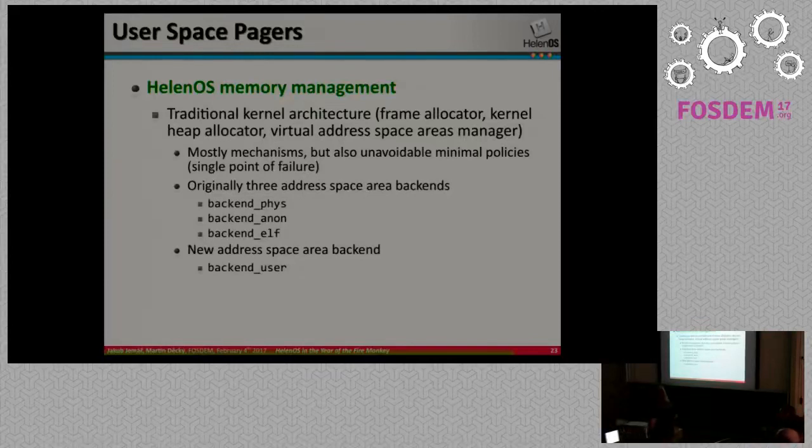So originally there were 3 address space area backends: for mapping physical memory for devices, because the kernel also needs support for the hardware, at least for the timer; for anonymous memory, which is used to give memory to the user space tasks; and for mapping ELF binaries, because the kernel during bootstrap needs to run some initial binaries, so it needs to be able to access that structure in some intelligent way.